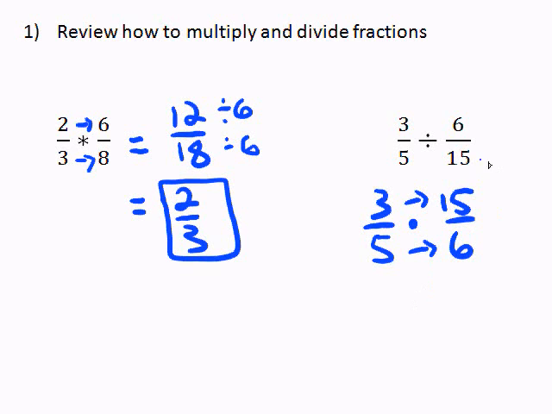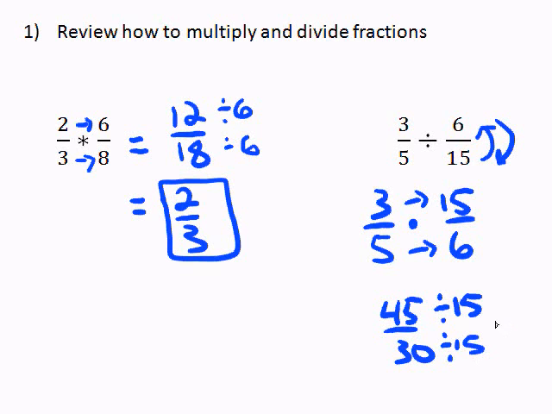So again, the way I did that is I flipped the second fraction upside down, giving me 45 over 30. Then you look for a common factor both in top and bottom, and you notice you can divide them by 15. This gives us 3 over 2. And there you go. That's just a real quick review on how to multiply and divide fractions.